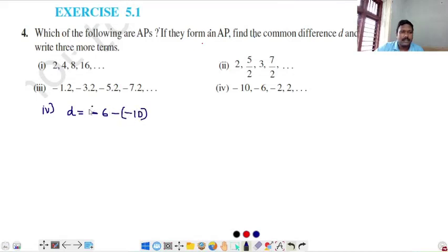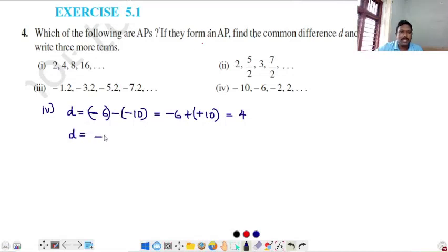From the second term we have to subtract the first term. So −6 minus (−10): the minus will change into plus 10. So −6 plus 10 is equal to how much? It will be 4.